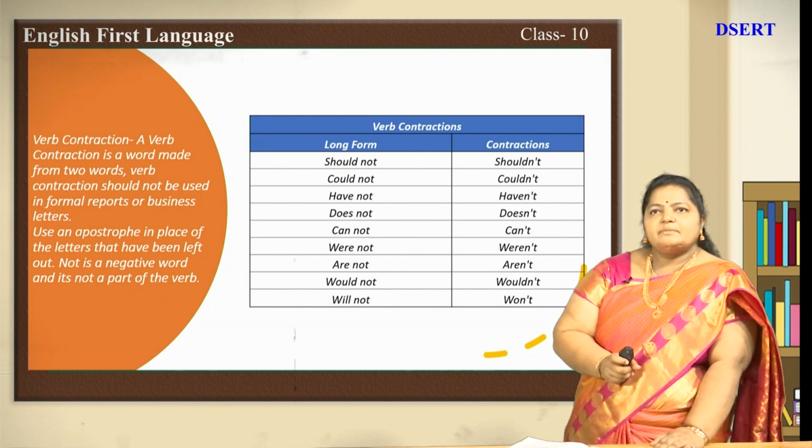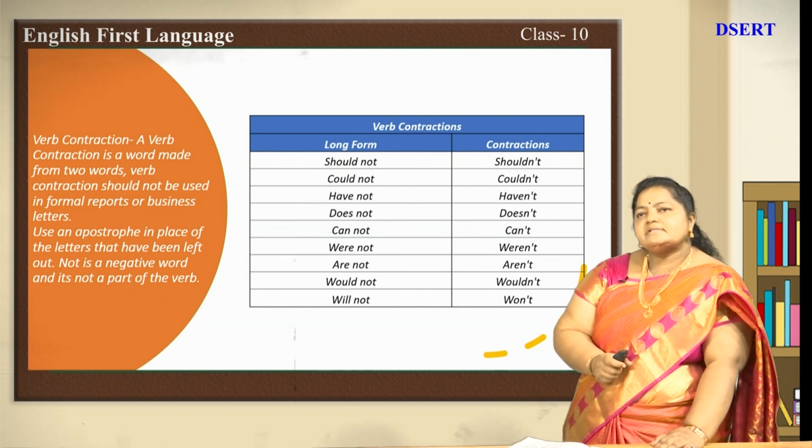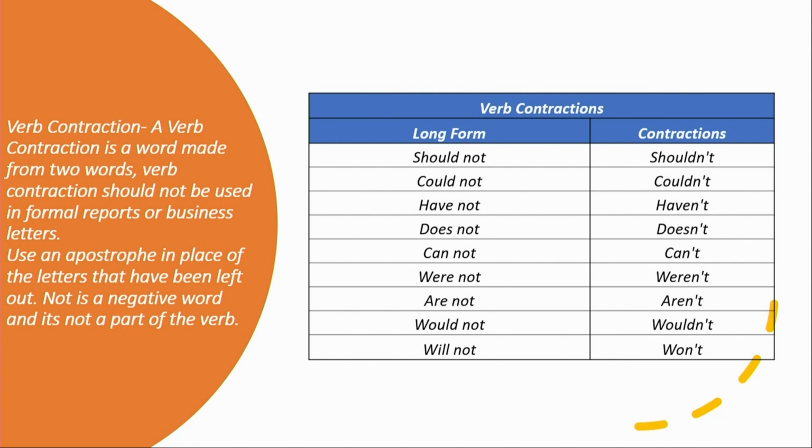So let us come to the contractions. Here I have brought you some examples of how to use contractions. Should not is a long form. After contraction it becomes shouldn't. Could not becomes couldn't. Have not becomes haven't.